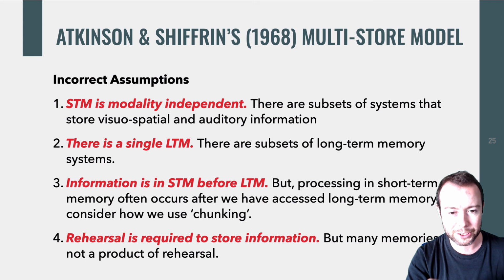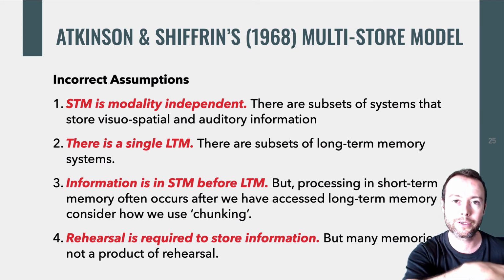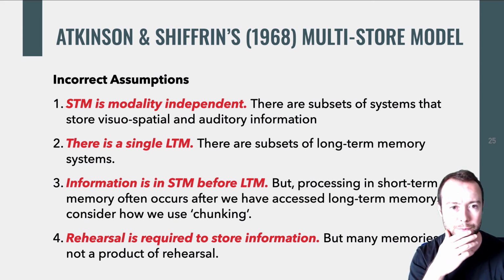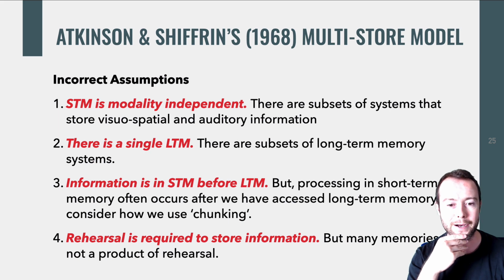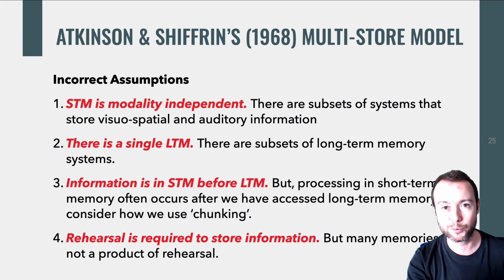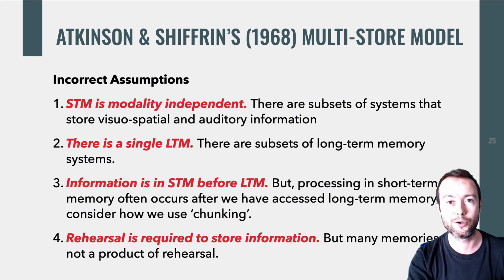Number 3, information is in short-term memory before long-term memory. So if we look at those sequential stages in Atkinson and Shiffrin's model, what they argue is that anything in short-term memory cannot have been in long-term memory before. But a lot of the processing in short-term memory often occurs after we've accessed long-term memory.